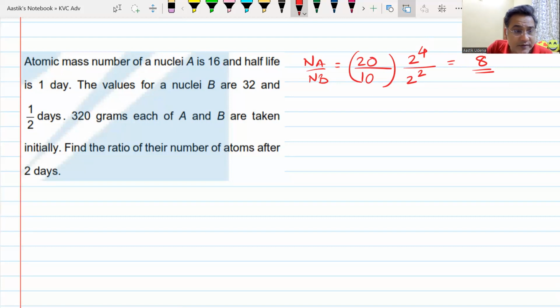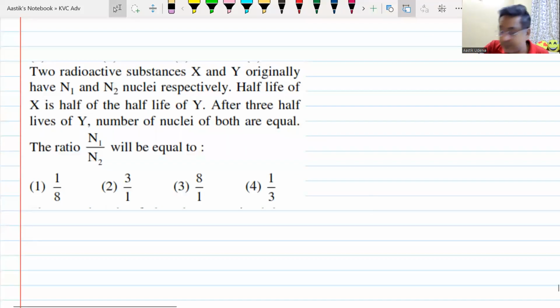Everyone is able to make this out? Yes or no? Now remember, these are the types of questions that are coming. This was the question from the attempt that you gave. This was a question from 2022.